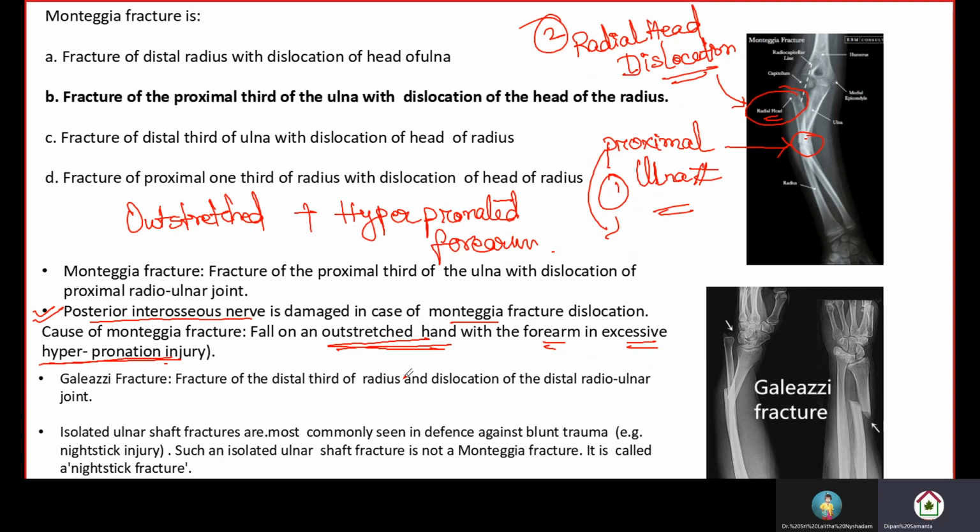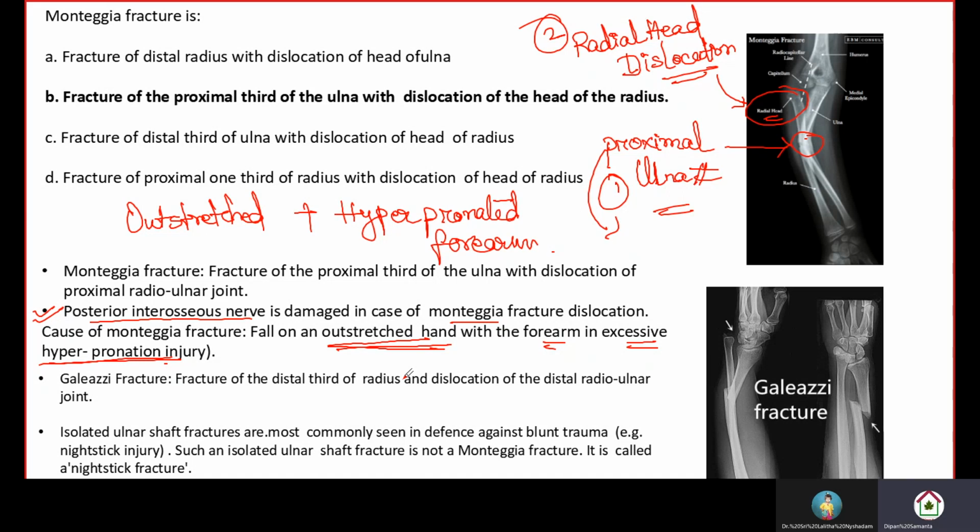Okay, next, Galeazzi fracture. Galeazzi fracture is fracture of the distal third of the radius and dislocation of the distal radioulnar joint. Now we see this is completely opposite to Monteggia. In Monteggia, the ulna fracture is the first thing, and then the radial head is dislocating.